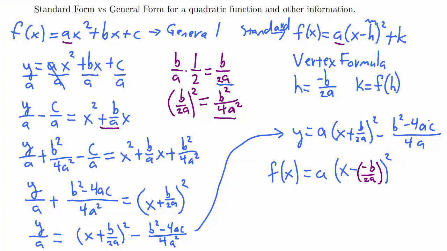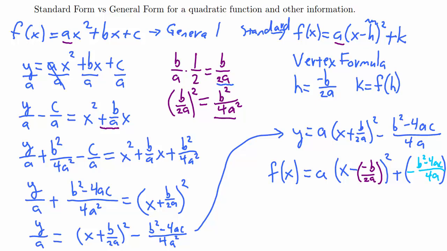And then minus all this, but I'm just going to say plus something, and that something is what k is. So I'm just going to make that negative (b squared minus 4ac) over 4a.